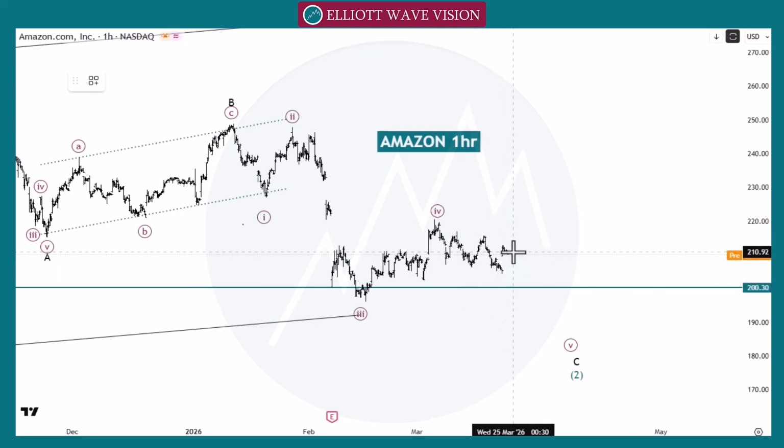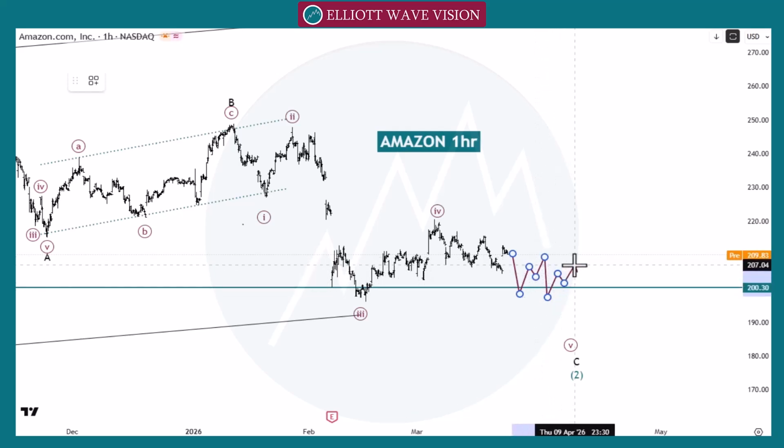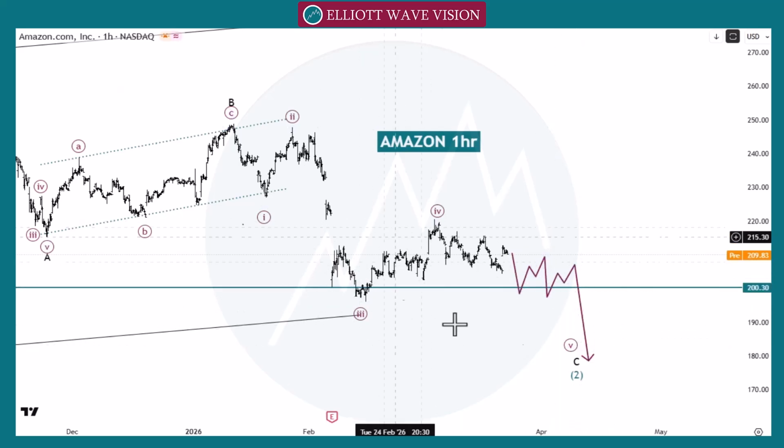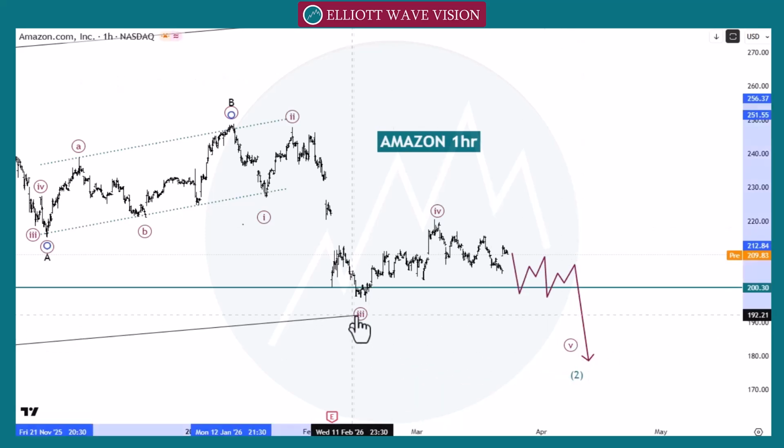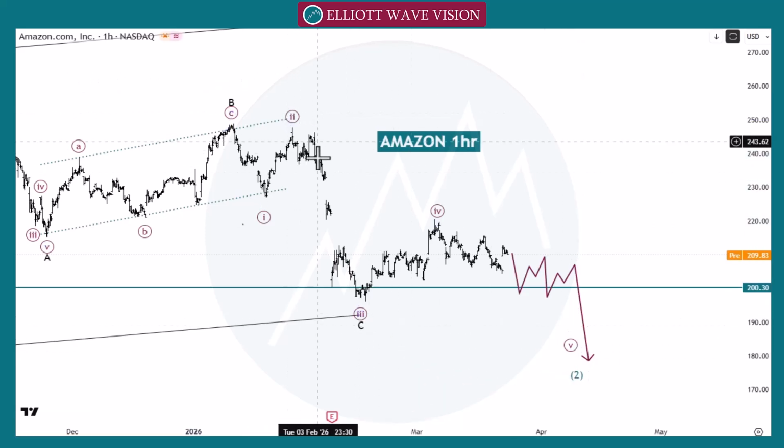So we need to wait for the next impulsive move, arrival, reaction, first low below level A, B and C to go towards the 180. If the market gives us this pattern at 200, then we will go towards the bearish side. Otherwise, that's possible we can count this move as a black wave C at this point, like 1, 2, 3, 4 and wave 5.